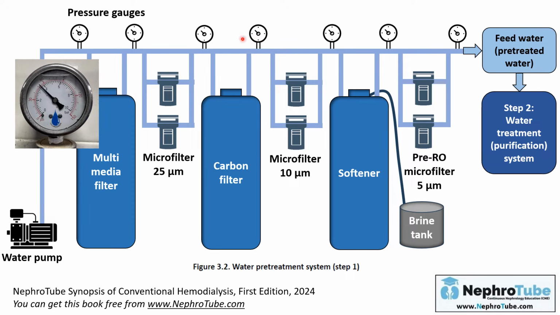If there is a difference in pressure between these two pressure monitors, so there is a problem in this tank. If the pressure is high in the pressure monitor before the tank than that after the tank, this means that this tank or filter becomes obstructed, which lead to increased pressure difference between these tanks.